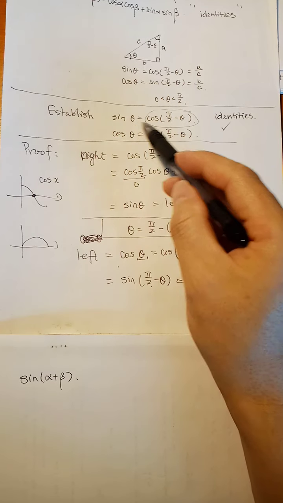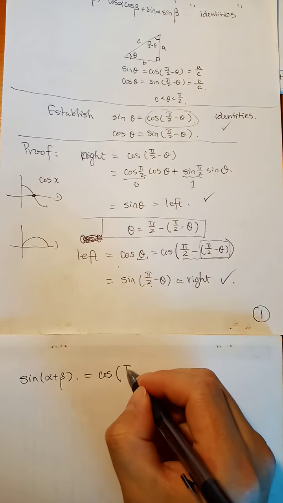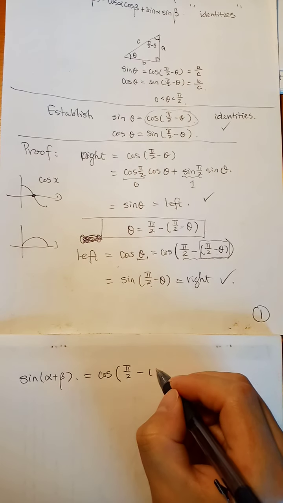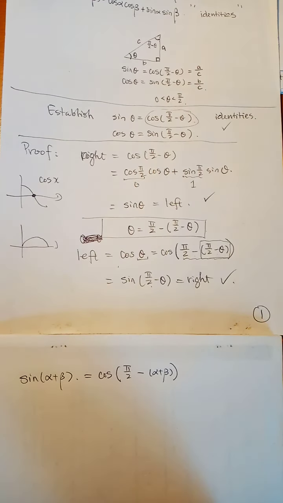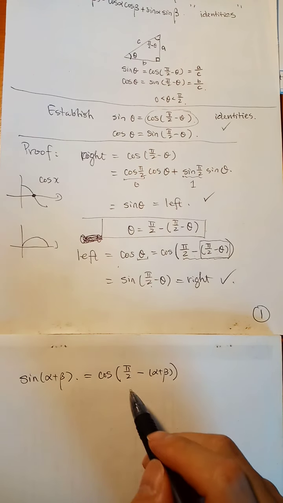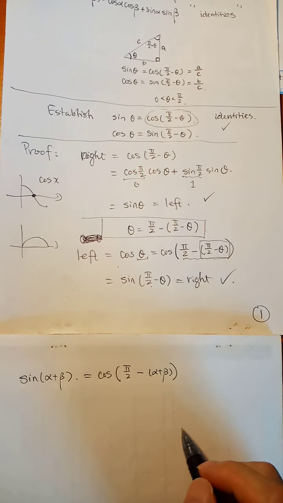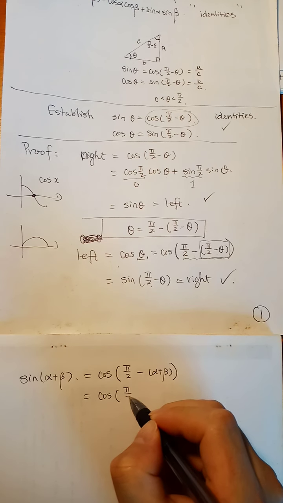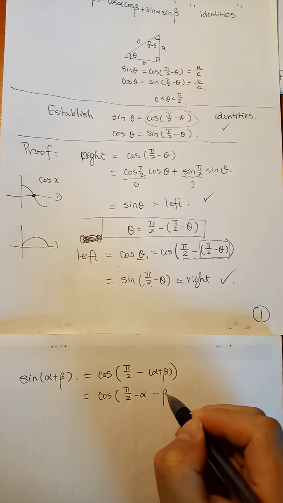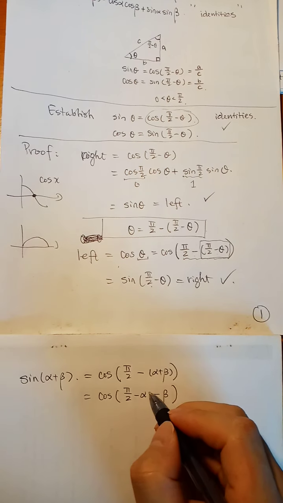Check here, sine theta is equal to cosine pi over 2 minus this angle. You have angle, pi over 2 minus angle, sine becomes cosine. And we remove the parentheses, it becomes minus alpha and minus beta.